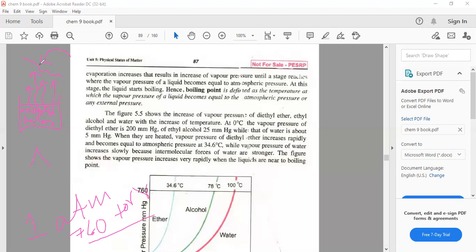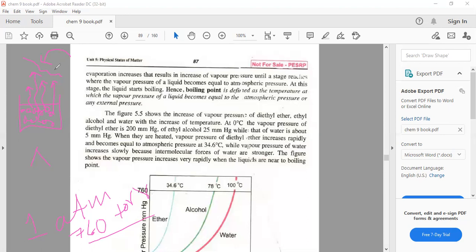It's very simple. Try to understand this. Liquid molecules are converting into vapors and moving upward, vaporizing. These vapors have some pressure. When this vapor's pressure becomes equal to the external pressure, the atmospheric pressure, the pressure of the air, when these two pressures are equal with each other at a particular temperature, then this point is called a boiling point.